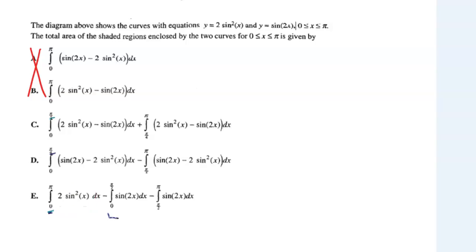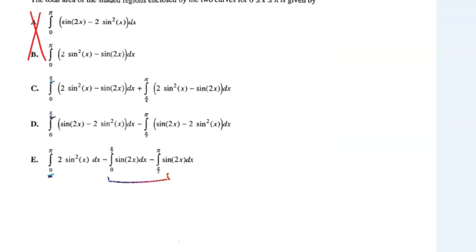And we don't have another integral going from 0 to pi. So it's not like they've broken up that integral into 2 separate ones. One from 0 to pi of 2 sine squared x dx, minus another integral also going from 0 to pi of the other one, which was y equals sine 2x. So I'm feeling like we've also gotten rid of e as an option here.